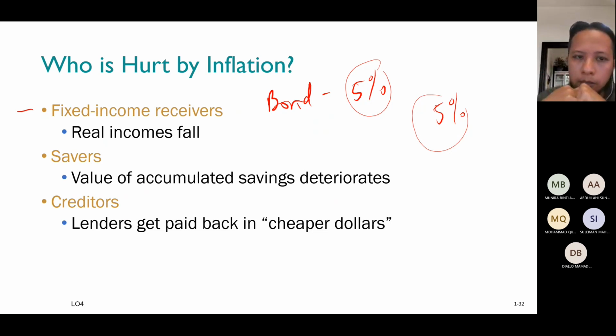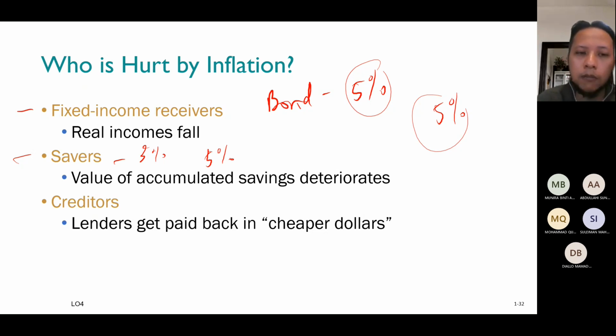These are people who are hurt by inflation. Secondly, people who save money, especially money that does not get any interest, or if the return rates are lower than inflation. For example, you save money in the bank and get 3% return, however inflation is 5%, so the value of your money deteriorates by 2%.